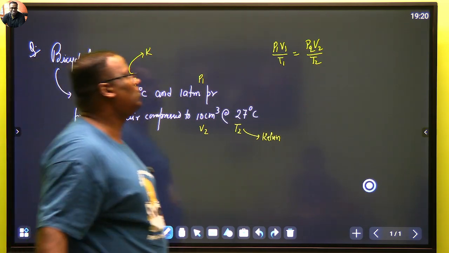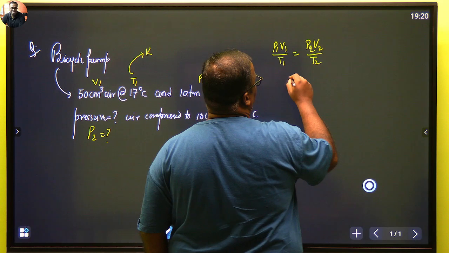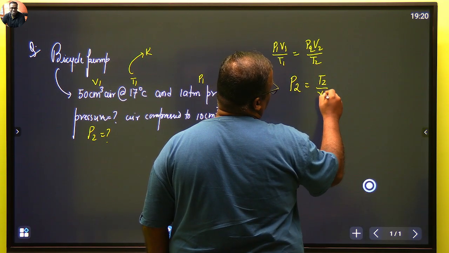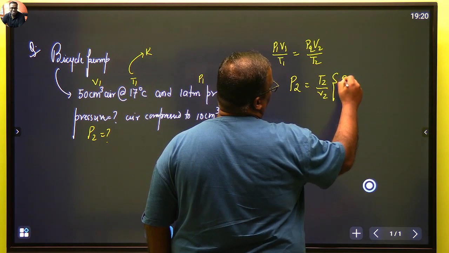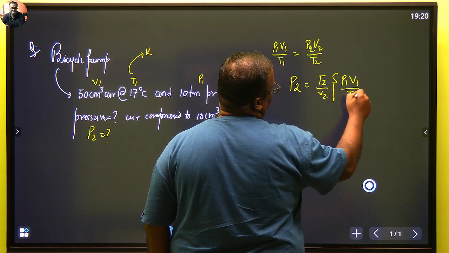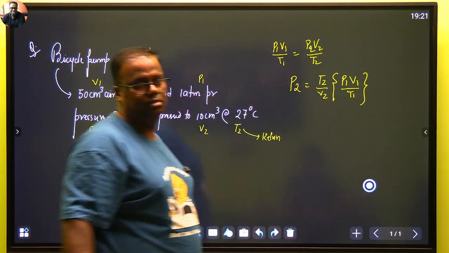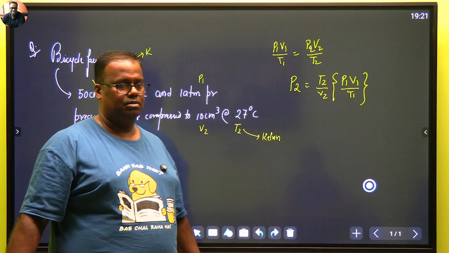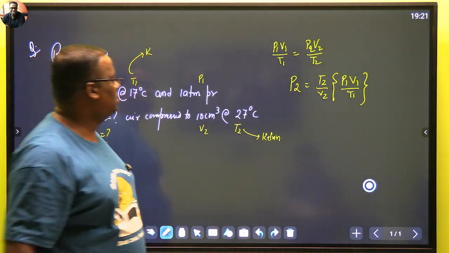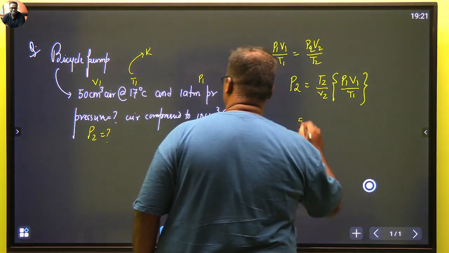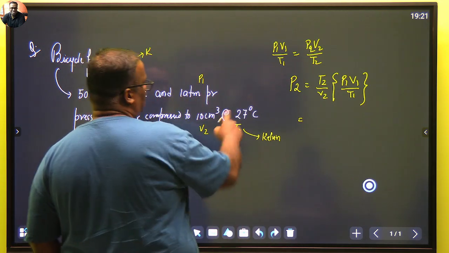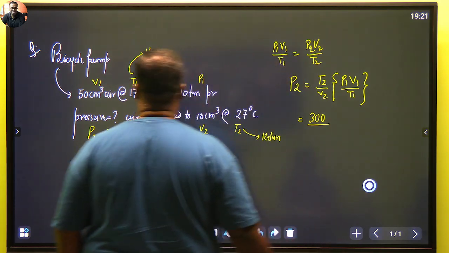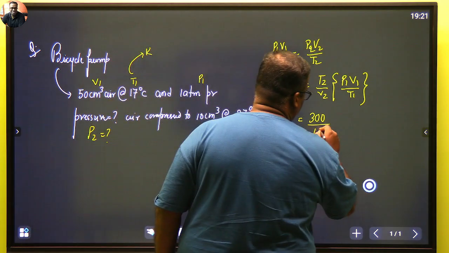So in one go you can write it actually. You need to find P2, right? So P2 will be given as T2 by V2 times P1V1 by T1. Okay, na? Equate. What is the value of T2? Tell me, bacha. T2 is how much? 27. That means T2 has become 300 Kelvin. What about V2? V2 is 10 centimeter cube.